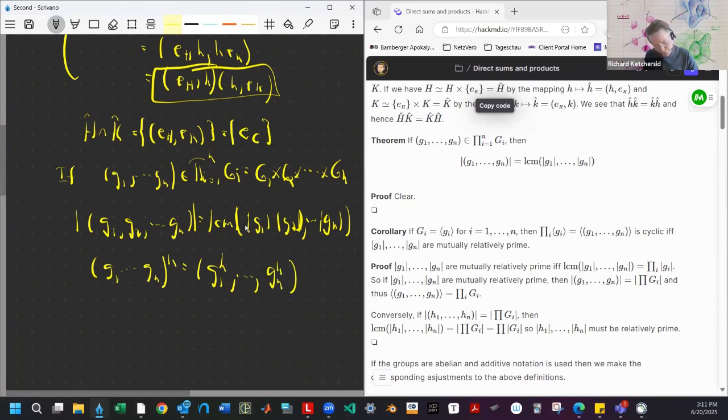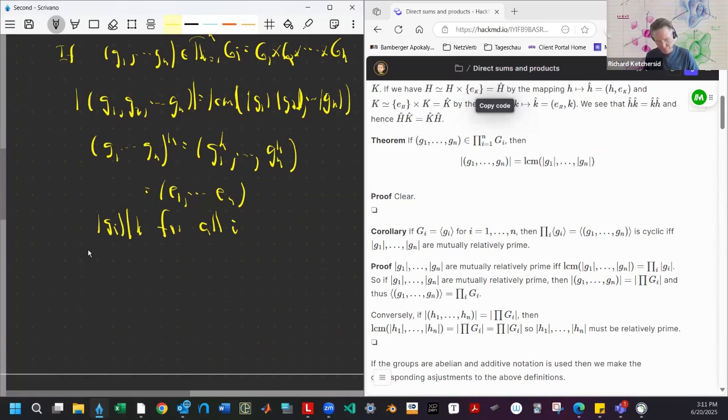And the only way this is going to be the identity, which is just (e1 through en), is if k is simultaneously divisible by, let me just say it like that, if the order of gi divides k for all i. So clearly k needs to be the least common multiple in order for that to be true. Good. And it also gives us a way of computing with groups.